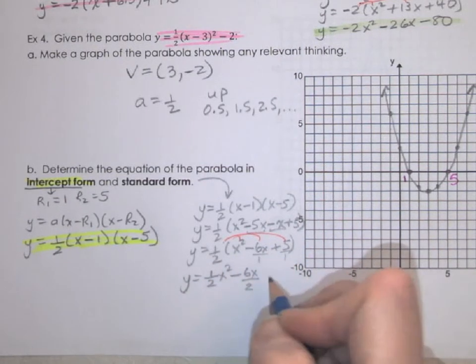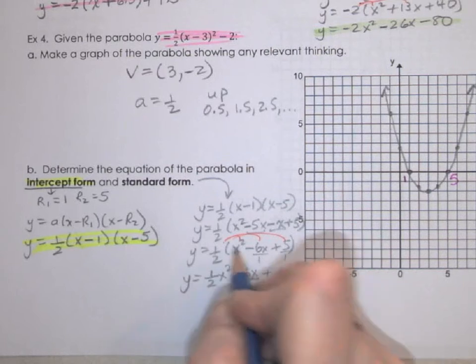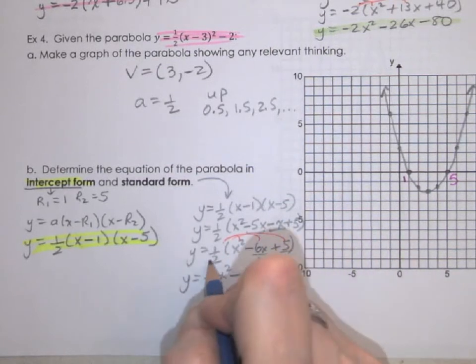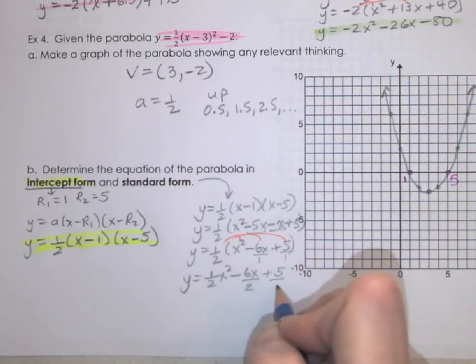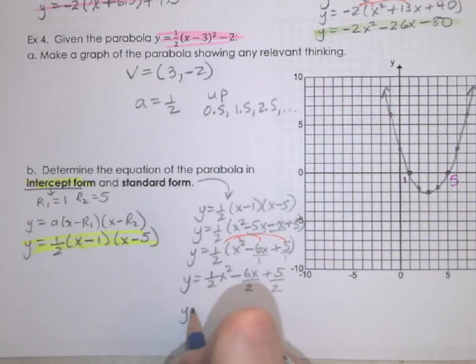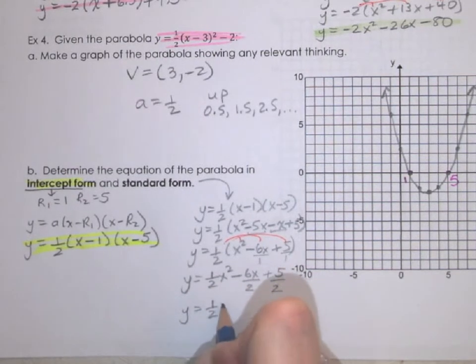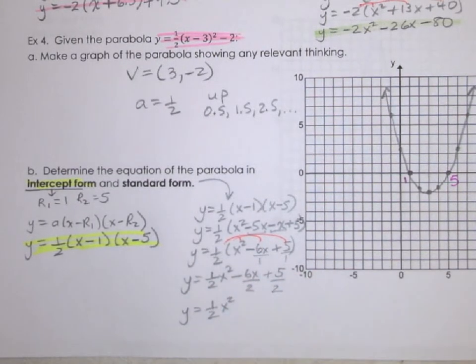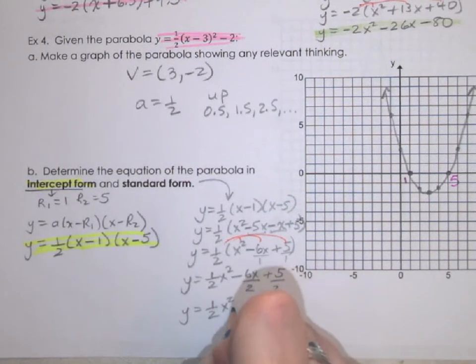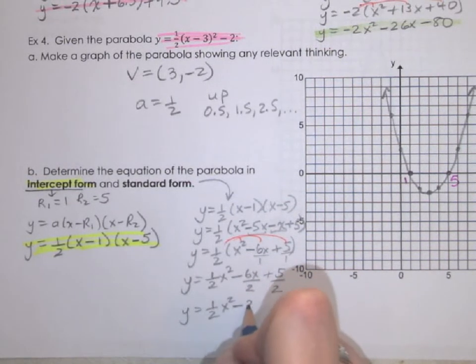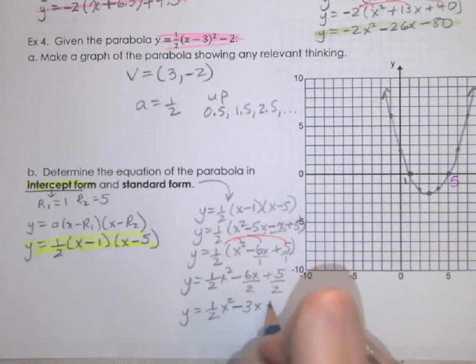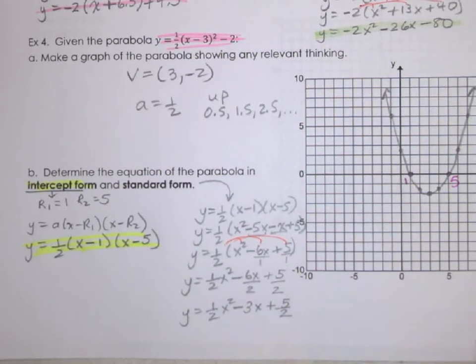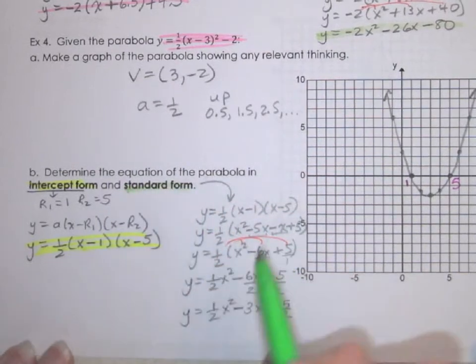And then plus 1 times 5 is 5, over 2 times 1 is 2. But you always want to check if the fractions can be reduced, and in the case of negative 6x over 2, 6 divided by 2 is 3, so that just gives me minus 3x plus 5 over 2. So that would be my reduced standard form.